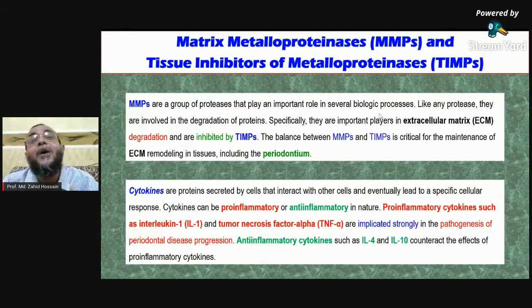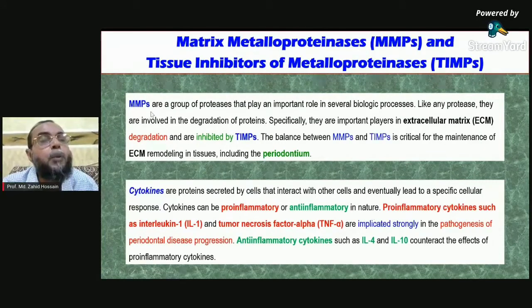So again, God prepared another thing. This is called tissue inhibitor of metalloproteinases. It means when MMPs become more active, then TIMP says, stop, enough, don't do anymore, because you are destroying your own tissue. So these things occur inside our pocket when destroying our tissues.